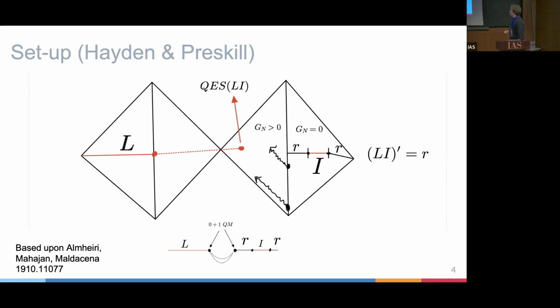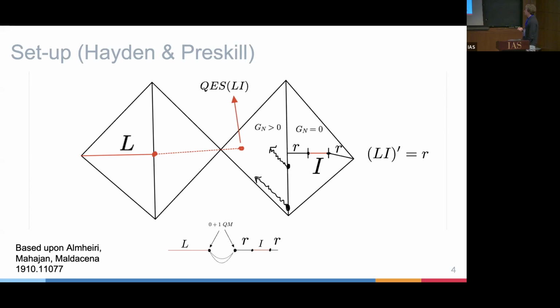In this paper, what we considered is basically the setup of Hayden and Preskill. So what we want to do is insert some operator, insert some particle near the boundary, and let it fall into the bulk. What we're going to try to do today is compute some quantity which senses when this particle goes from the entanglement wedge of one region into the other.